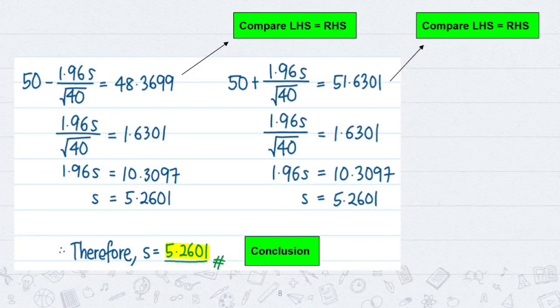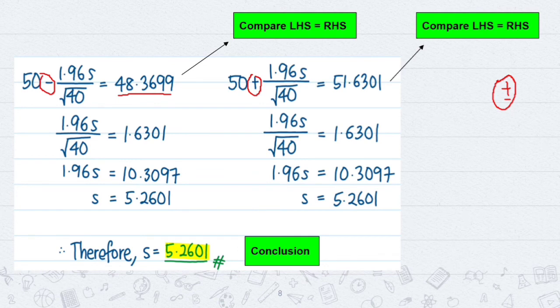We compare the left hand side and the right hand side. Remember that there is a plus minus symbol in the formula, so we must apply both operations, which are plus and minus. When we do the minus operation, we compare to the right hand side and we get the value of 48.3699.